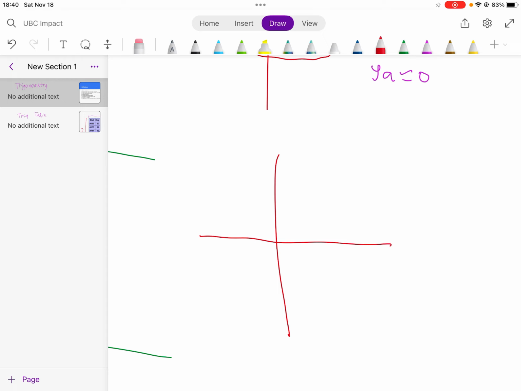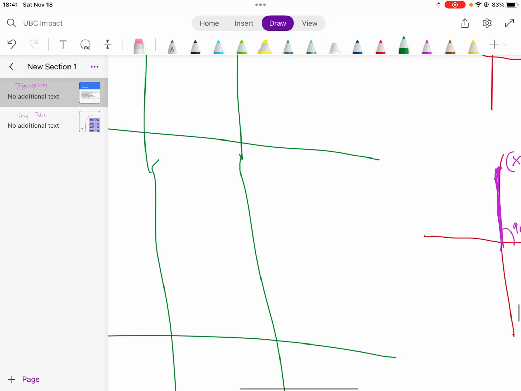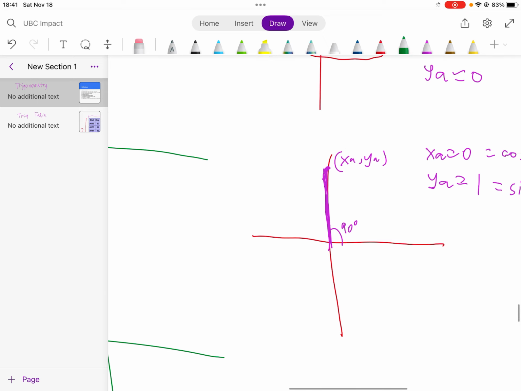In 90 degrees, which is pi over 2 radians, here we have, again, x, y. And so x this time is 0. And y, because it's equal to the radius, has to be 1. That means this is the sine, and here it's always the cosine. And so the cosine is 0, the sine is 1, and the tangent is 1 divided by 0.